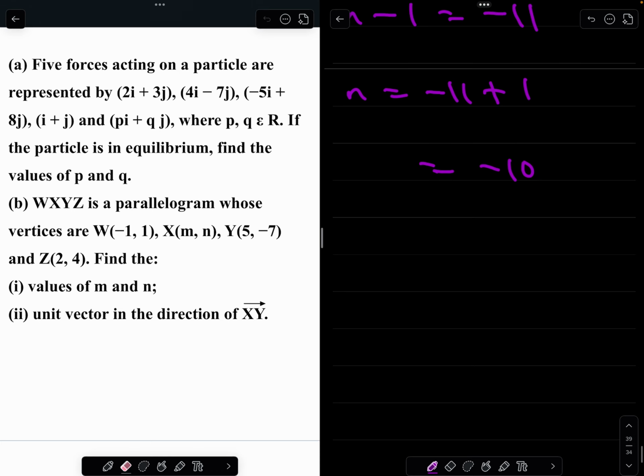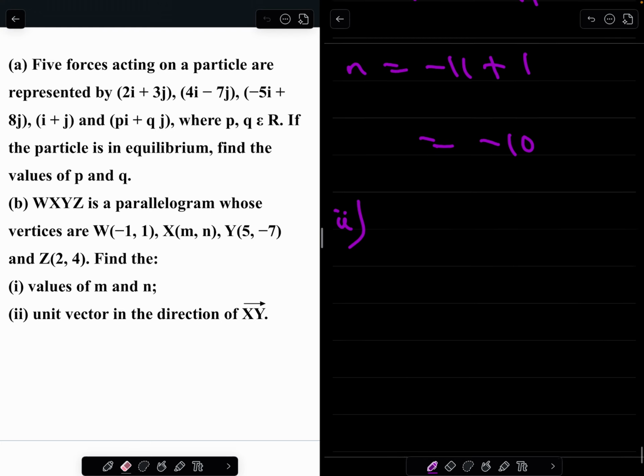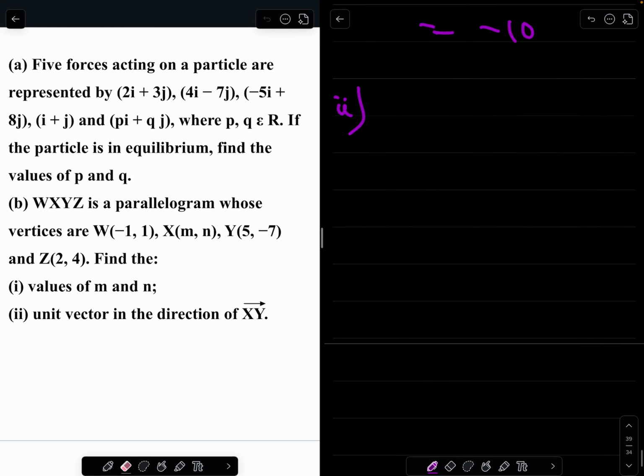And now let's go to Roman figure 2 of the same question B. It says find the unit vector in the direction of xy. We can sketch that. I'm only going to sketch the vectors OX and OY.